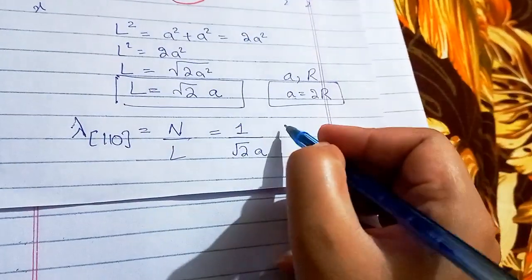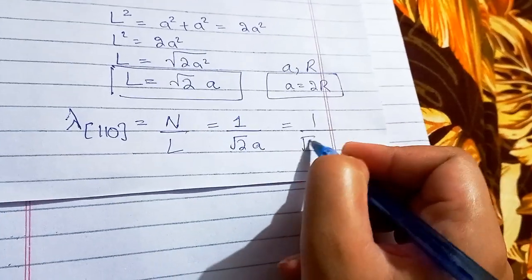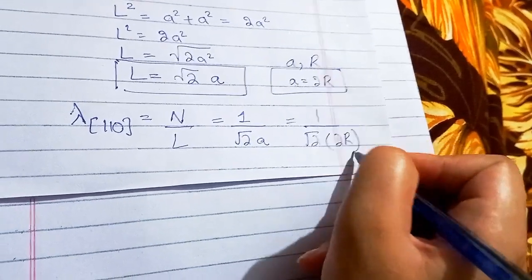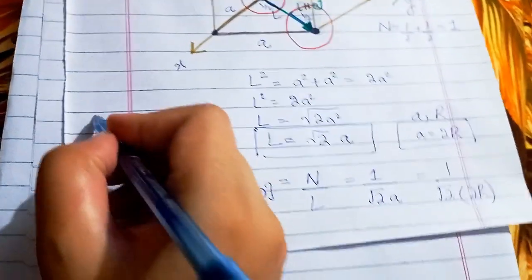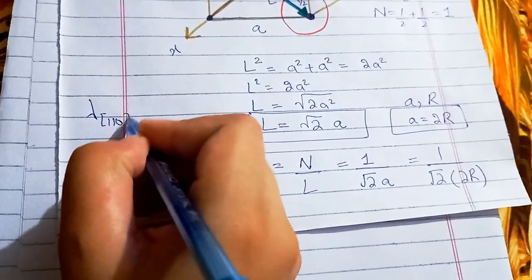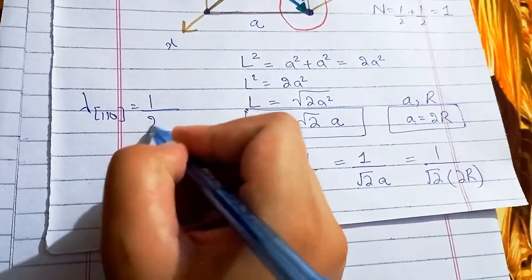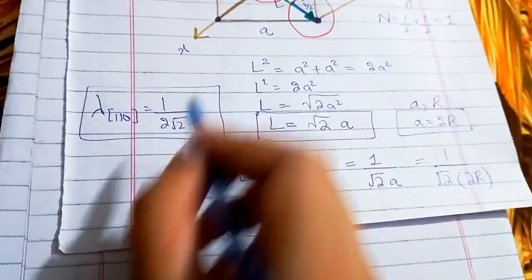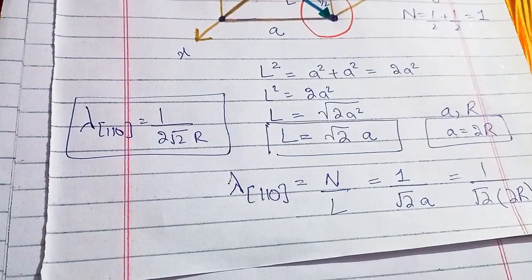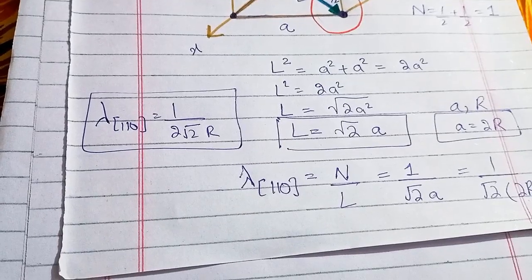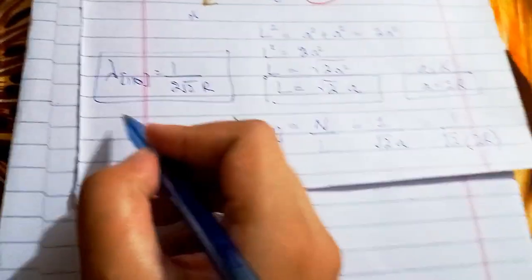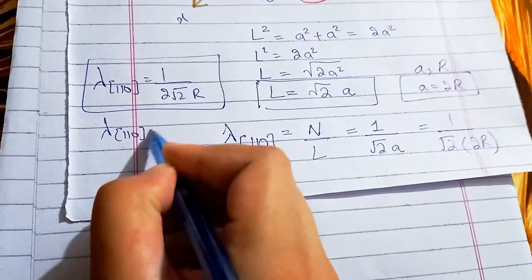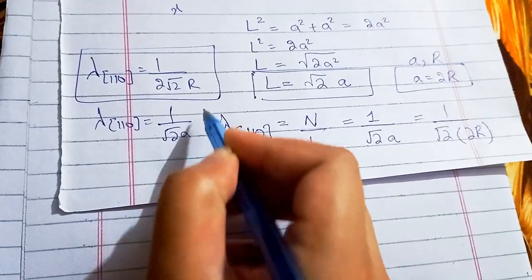This is the linear density. After inserting its value into this expression, we'll get the linear density in terms of the atomic radius of the atoms making up the unit cell. So this is the linear density of simple cubic unit cell in terms of atomic radius of the atom making up the unit cell. All right, and this is equivalently in terms of lattice parameter.